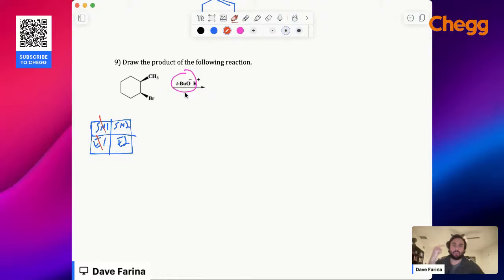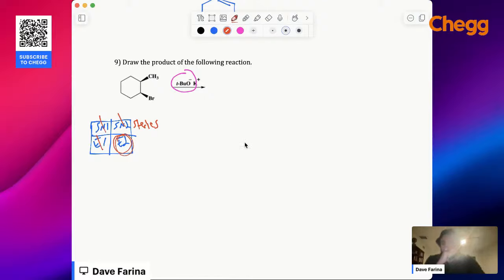It's so strong that it would do SN2 or E2, but it's so bulky that there's too much activation energy. The activation energy associated with this bulky base approaching the molecule and coordinating is too high. It's not going to be able to coordinate. It's going to do E2. So no SN2, because of the sterics associated with the base.